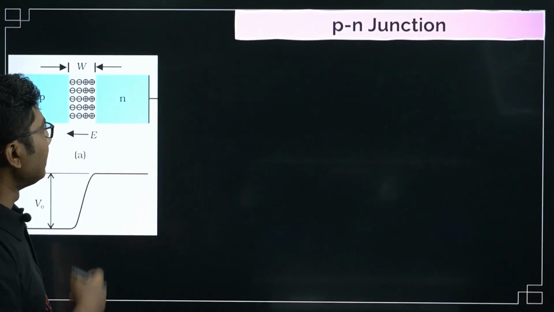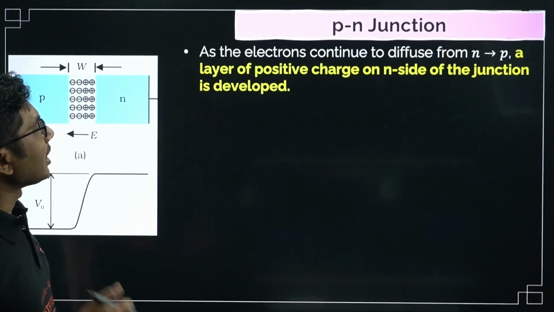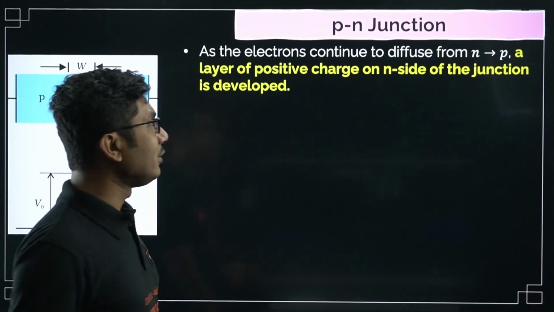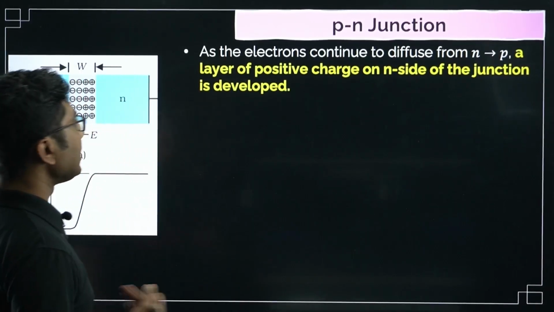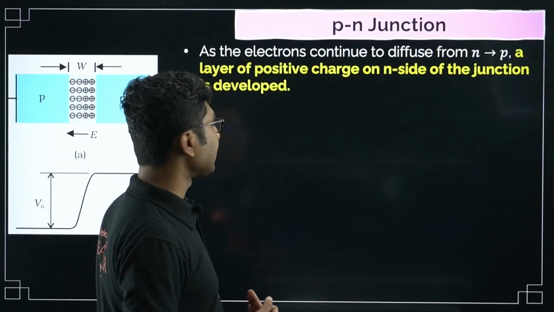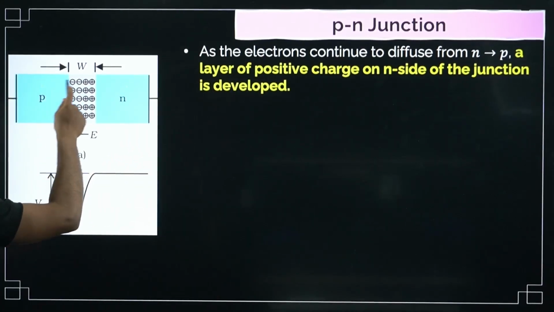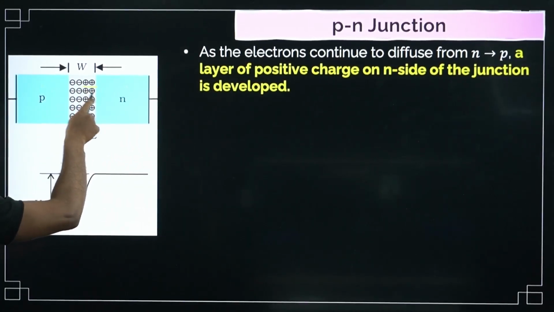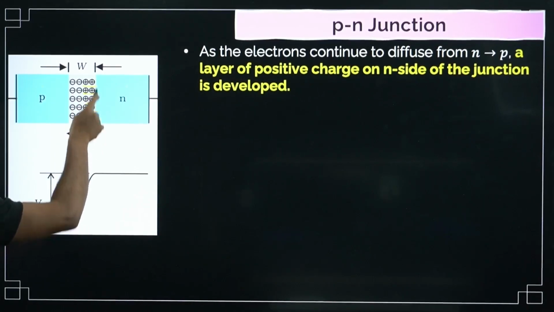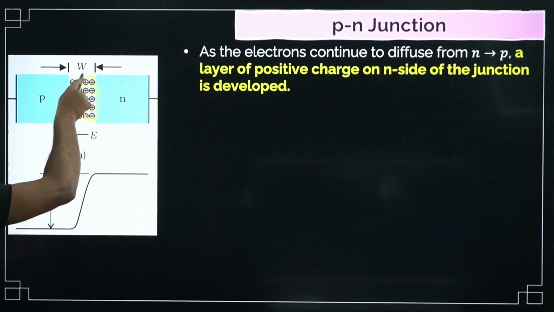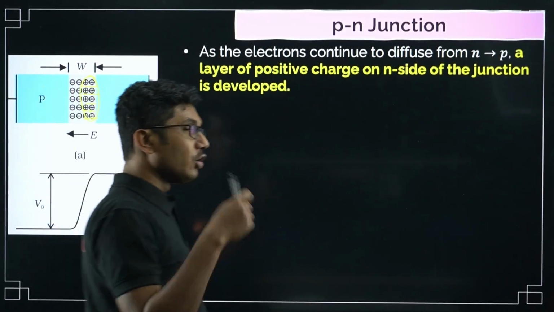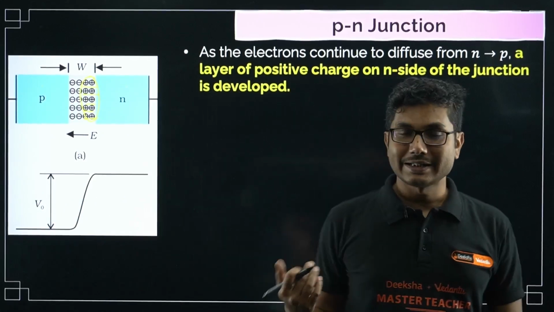As electrons continue to diffuse from N to P, a layer of positive charge on the N side of the junction is developed. So as electrons keep moving from negative to positive, there is a layer of positive charges on the N side. These are not holes. These positive charges are basically the donor atoms that donated that extra electron.